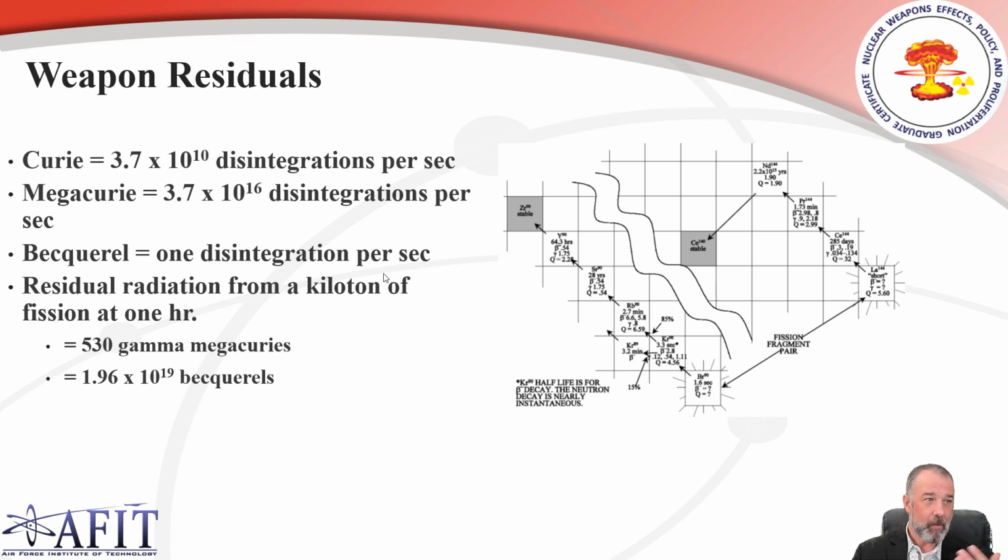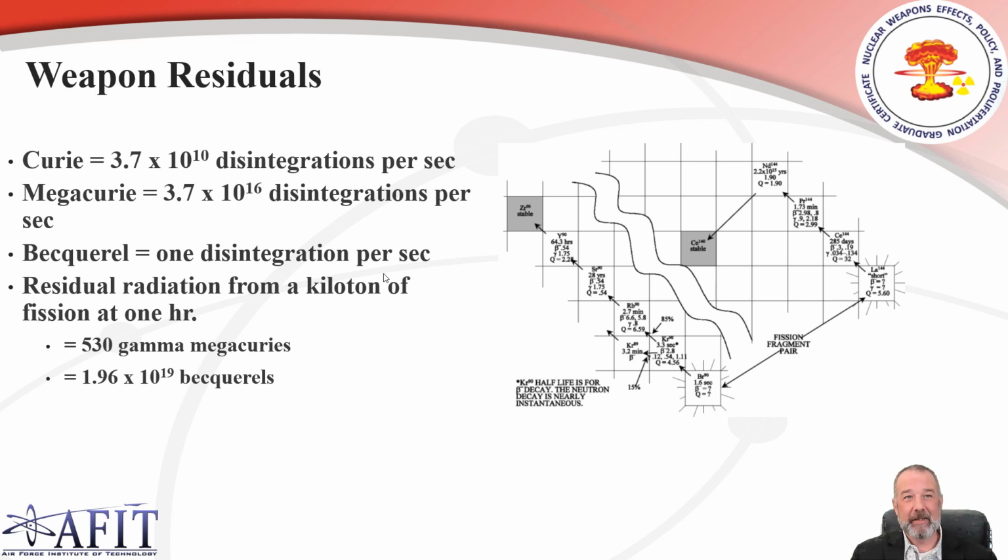Well, when we talk about residual radiation per kiloton at 1 hour following our detonation, we have, just gamma alone, 530 megacuries. And this is such a stupidly high number. You have no frame of reference for something at 10 to the 16th. It's just such a large amount of radiation. The word inconceivable actually pops into mind.